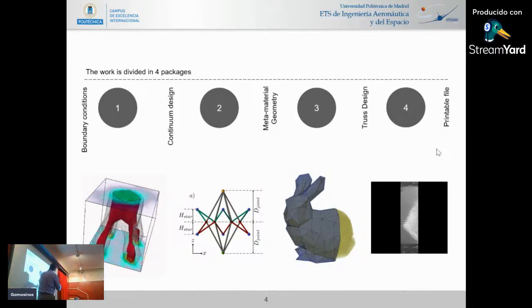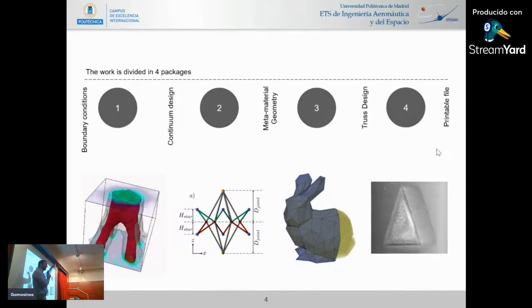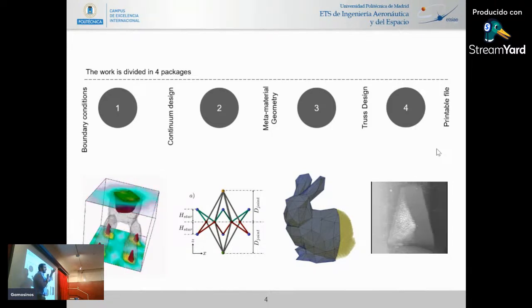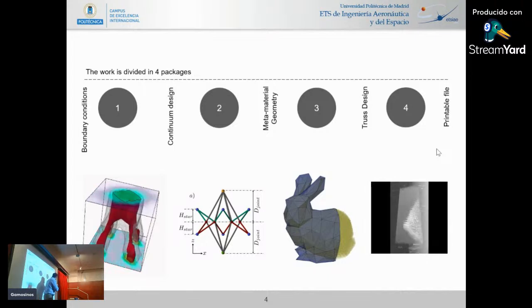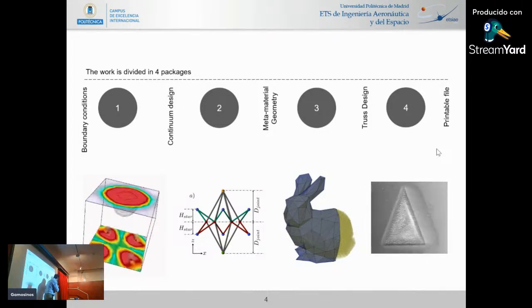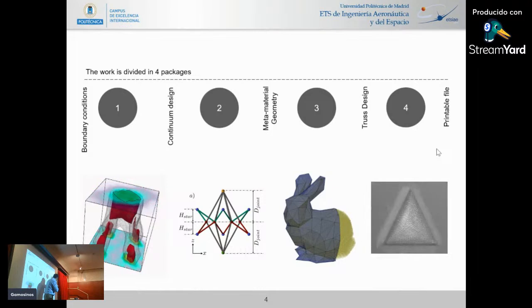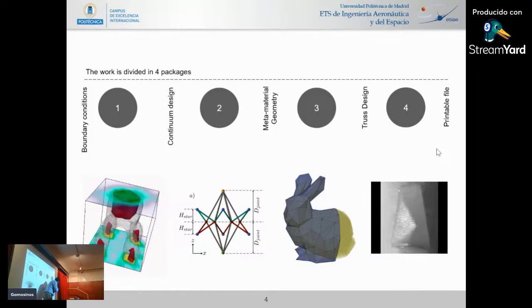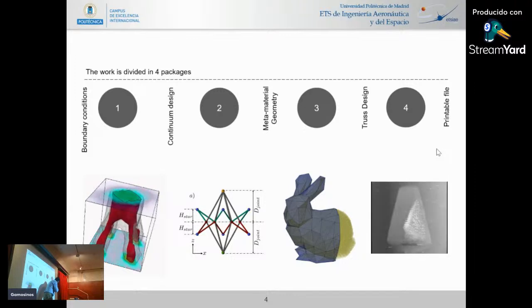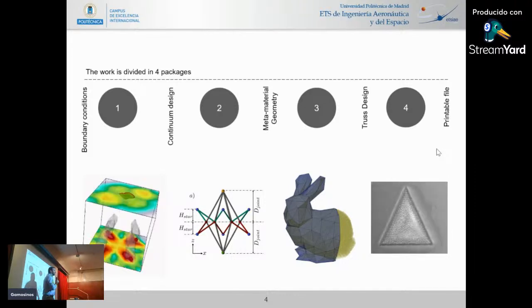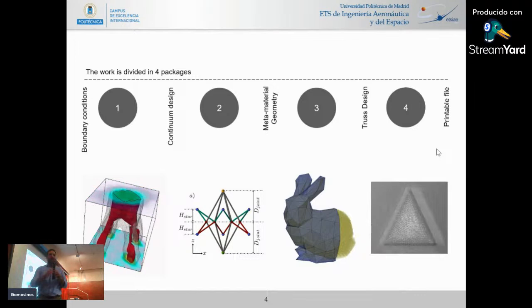Then we have the metamaterials, which are the rebars that we have to create a shape. With the metamaterial, we need to create some fits, and then we can 3D print. This is a 3D printer that we are going to show now. You're going to see it now. This is like 0.1 millimeters, so this is very small, and those small rivers are the metamaterial that we have.